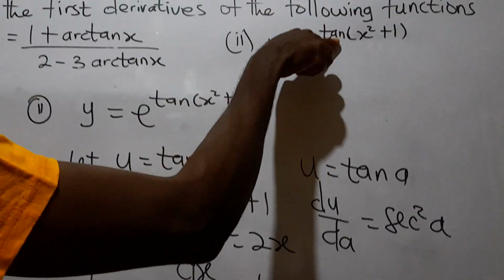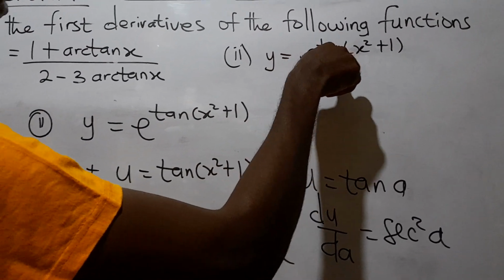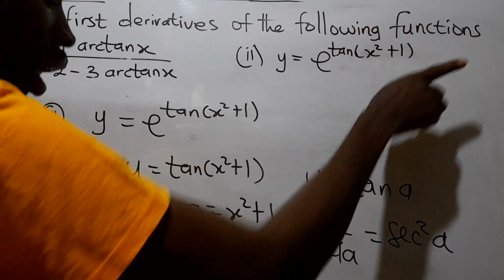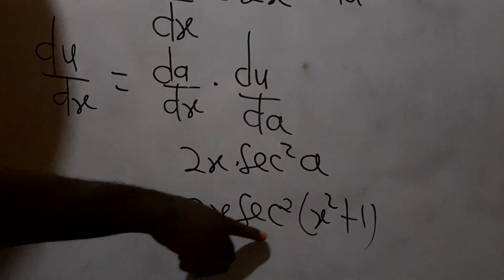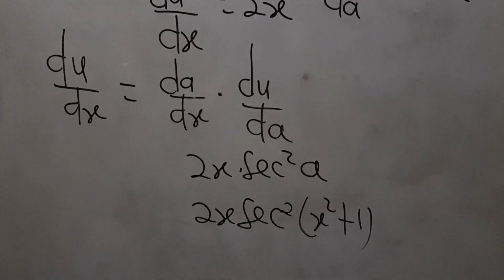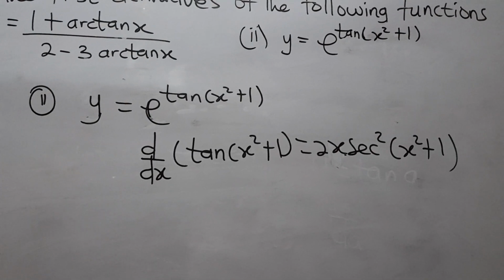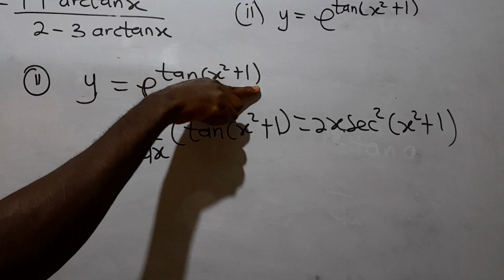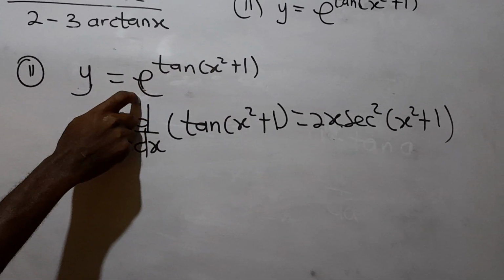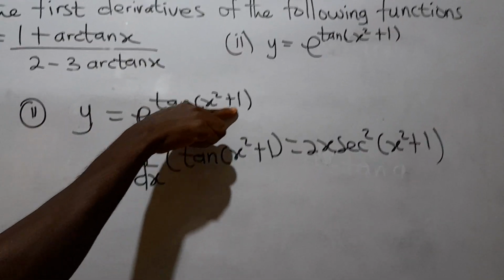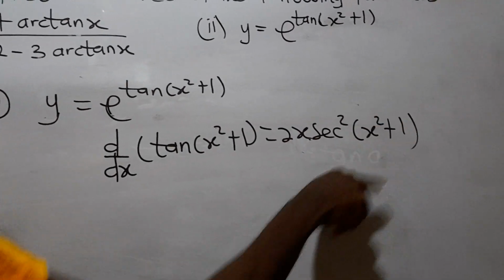Then we can say the differentiation of tan of x squared plus 1 is 2x sec square of x squared plus 1. So in exponential functions, we differentiate the exponent and use it to multiply the function. That's the differentiation. On differentiating the exponent, we get 2x sec square of x squared plus 1.